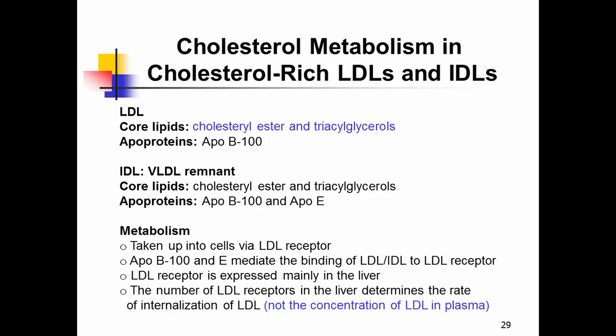And IDL is basically VLDL remnant. The core lipids also include cholesterol ester and triglyceride, and it has two apoproteins, ApoB100 and also ApoE, on the surface of IDL.